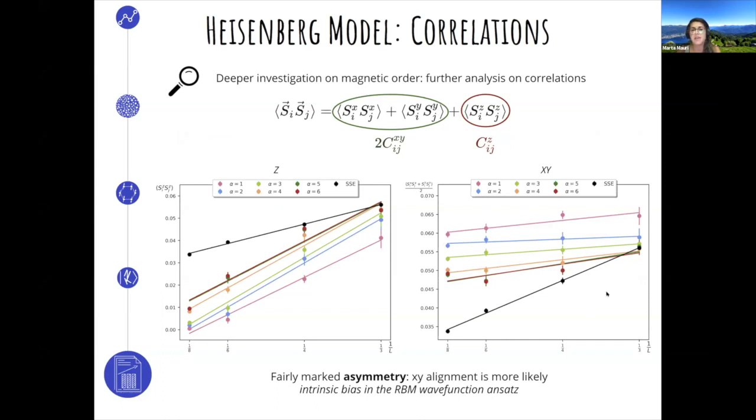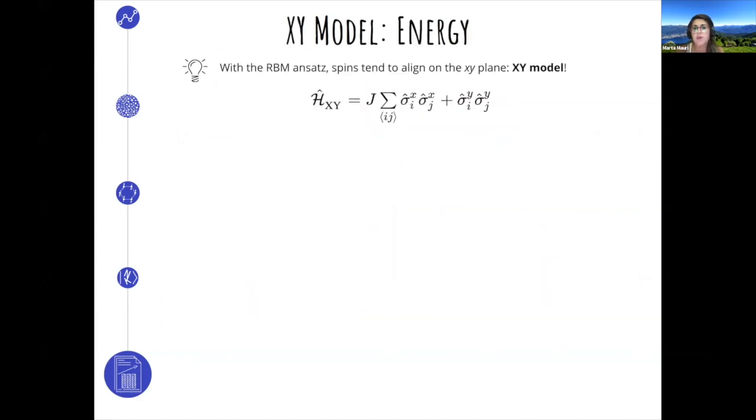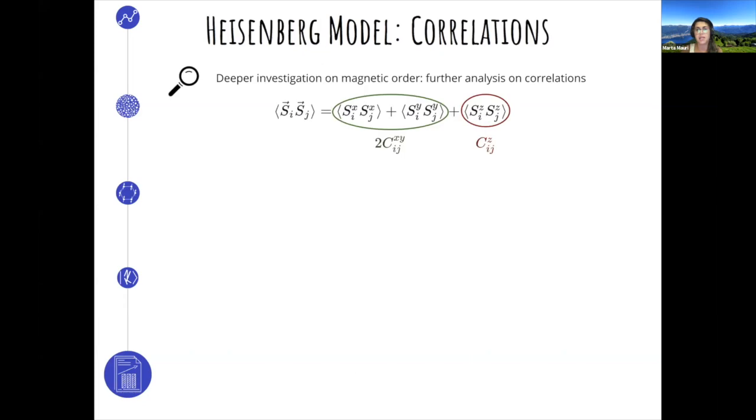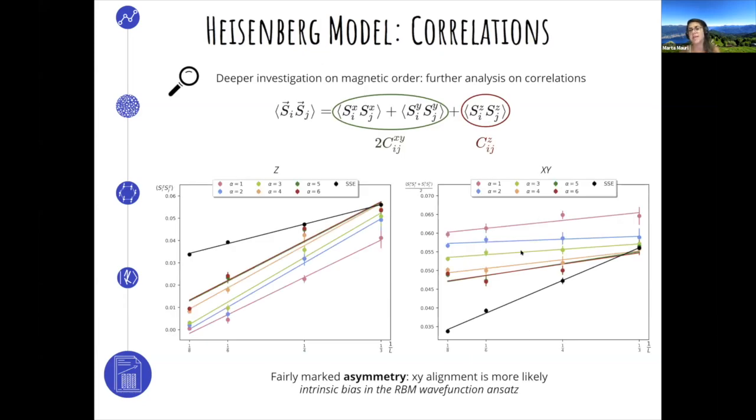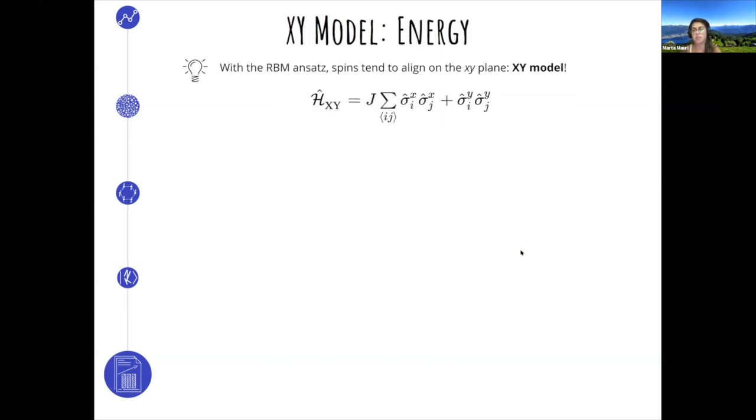And this suggests the presence of a bias in the RBM wave function ansatz. So we wanted to study this more deeply. Therefore we ran the same simulations, but using the XY model, because the spins tend to align on the XY plane, as we saw in the slide before, so the magnetization on the XY plane is higher. So we focused on that plane to see what is going on and what the correlation is in that case.